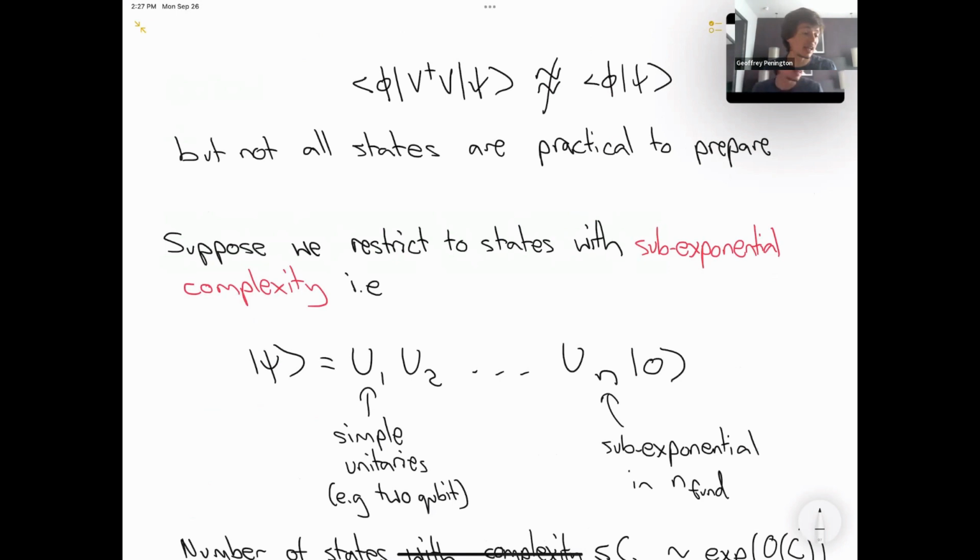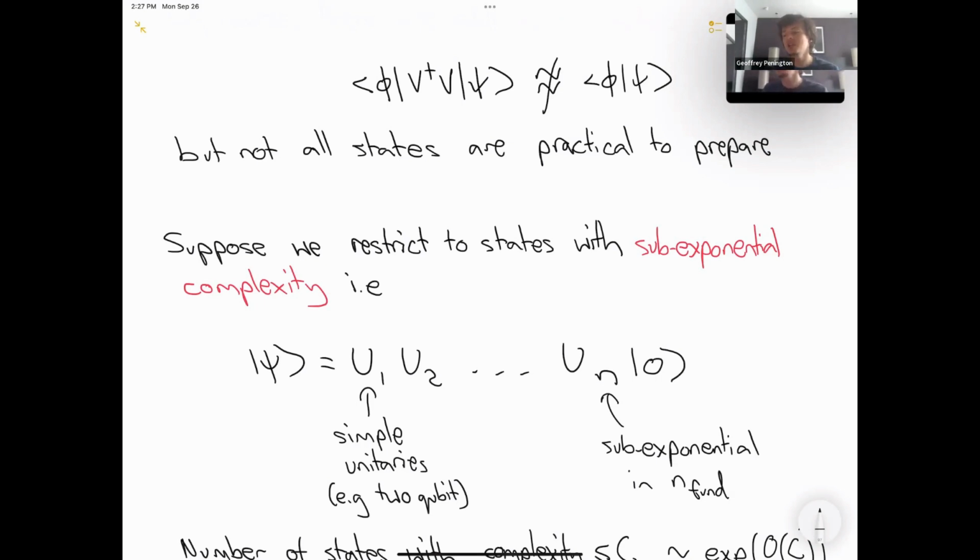Okay, and that will take exponential time to do, and we don't really believe in effective field theory over exponential times. There are all sorts of arguments you can make that for states with exponential complexity you can't necessarily trust effective field theory calculus. Basically, you can have an exponential number of exponentially small corrections to the effective field theory, and that could just cause the whole thing to break down.